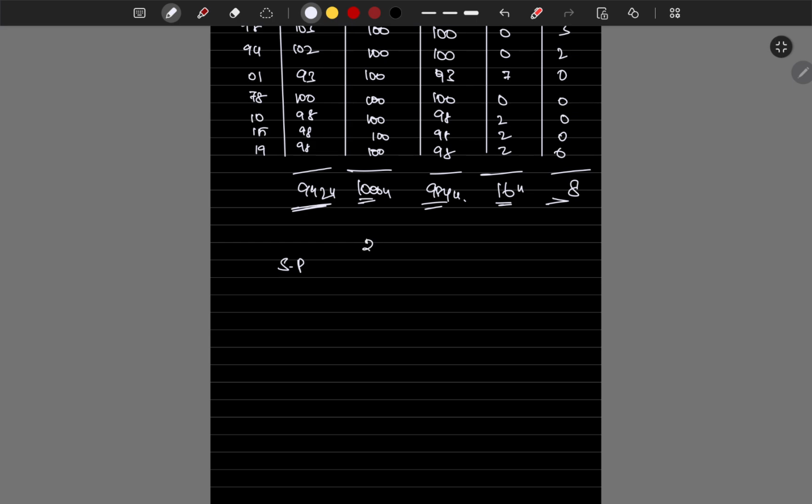Units, rupee per unit, total units, total.